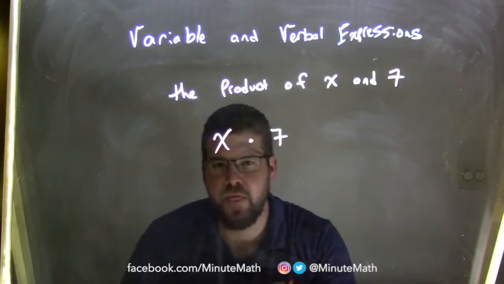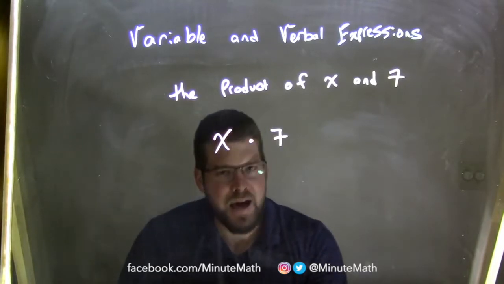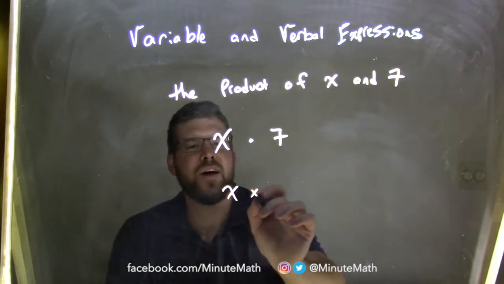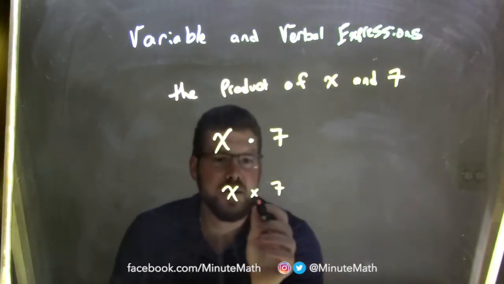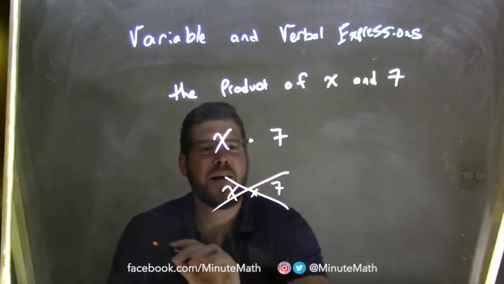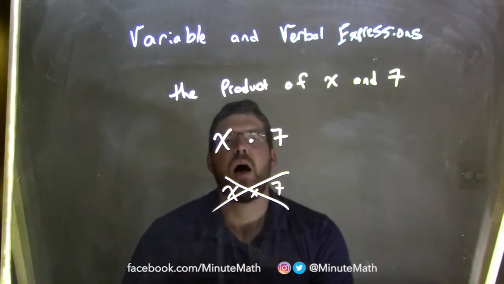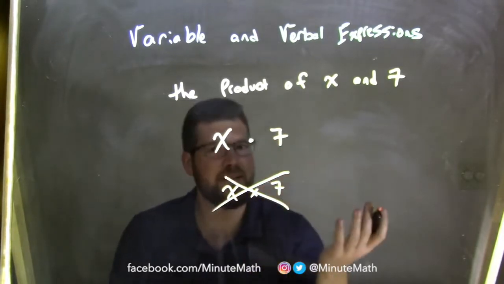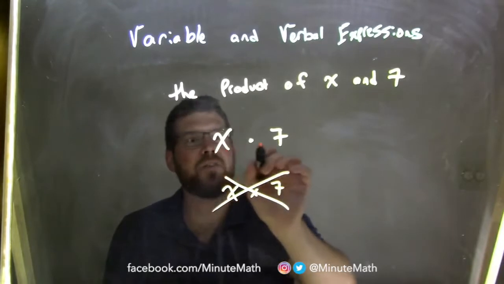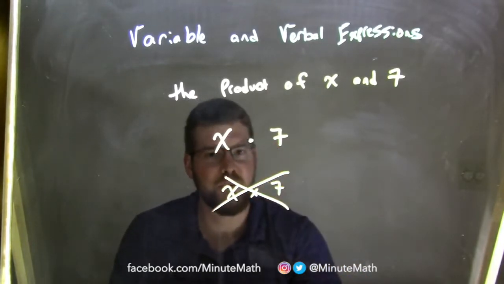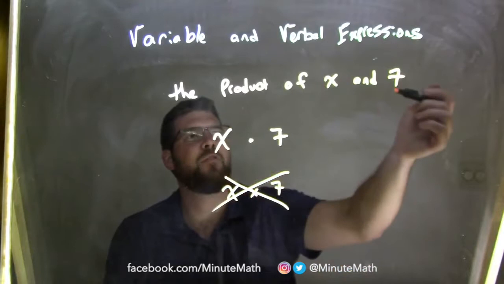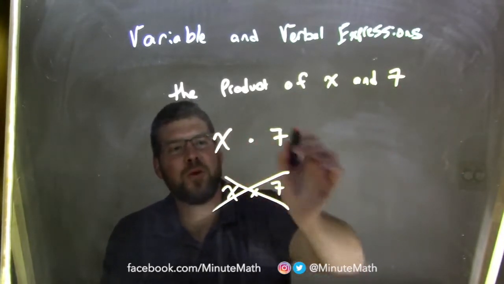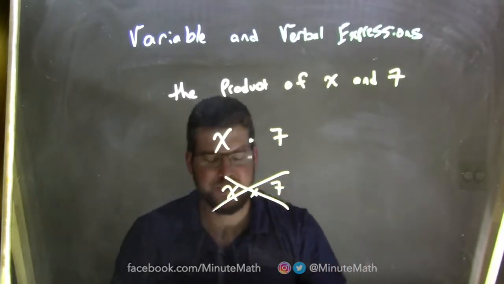The reason I'm using a dot instead of an x is that if I had written x times 7 with an x, it's getting confusing between multiplication and the variable x, so I don't recommend this. I want the dot there. So the product of x and 7. We have the verbal expression written right up here, and then we have our variable expression written right below it.